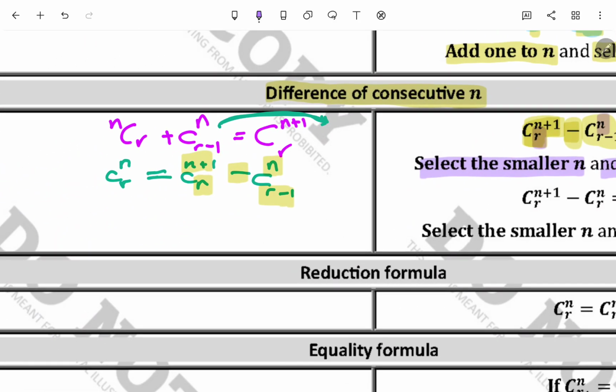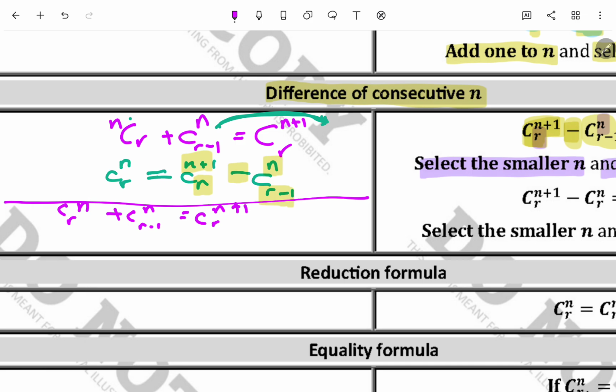Now, by the same rule, I can move not this one but the other one. So I can write that rule again, which includes nCr from the sum: nCr plus nC(r-1) equals (n+1)Cr.